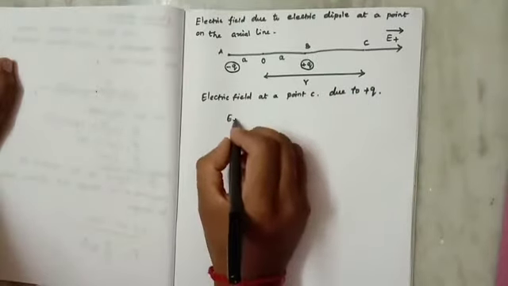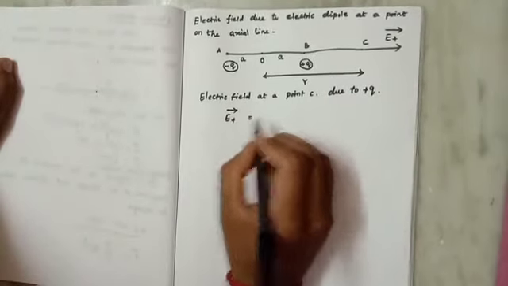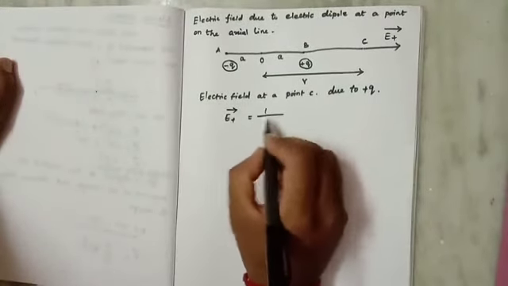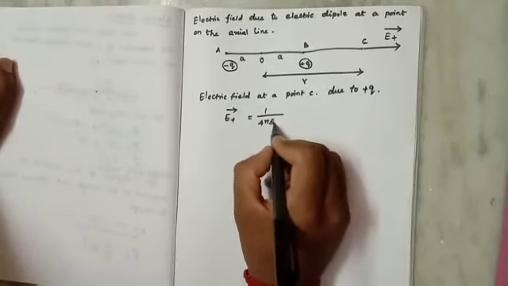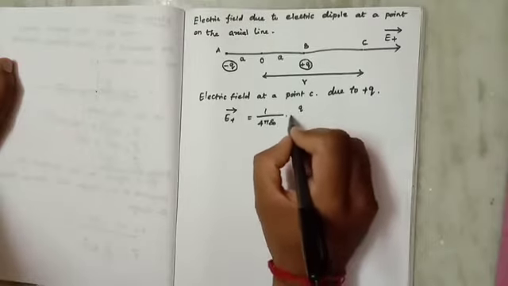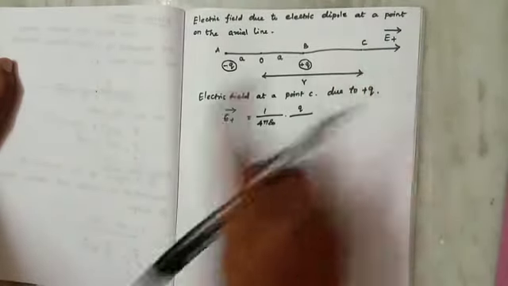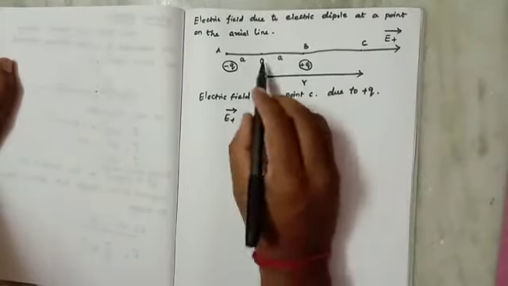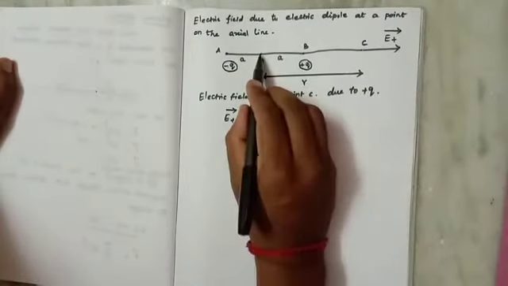By using the formula, E plus vector is equal to, already you know the formula to calculate the electric field, so you can directly write 1 divided by 4 pi epsilon naught, q divided by distance squared. Okay, so the point C is placed at a distance r from the midpoint of the electric dipole.